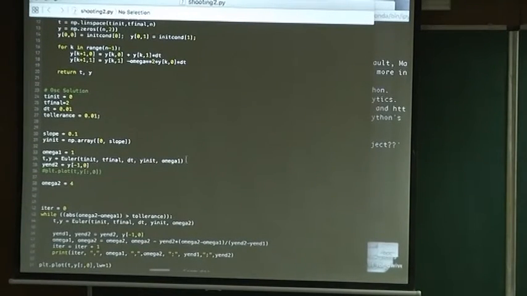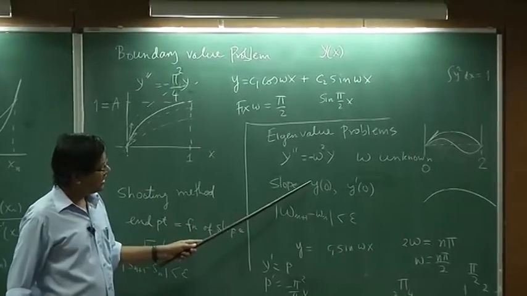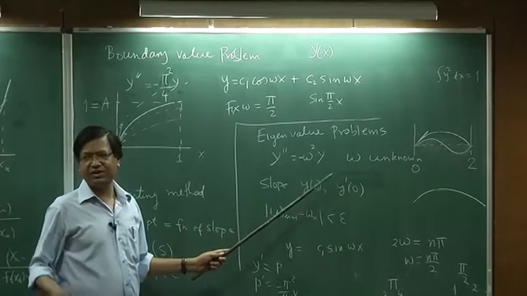I am trying to solve this eigenvalue problem. My omega is unknown, but I start with y 0 and y prime 0. So, I will give the slope as well.